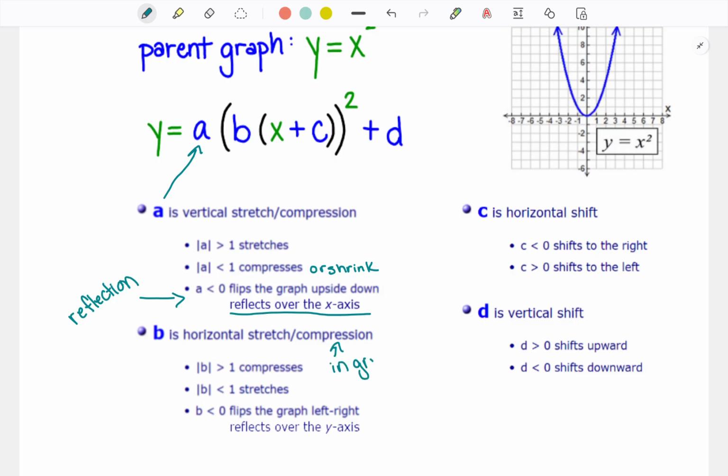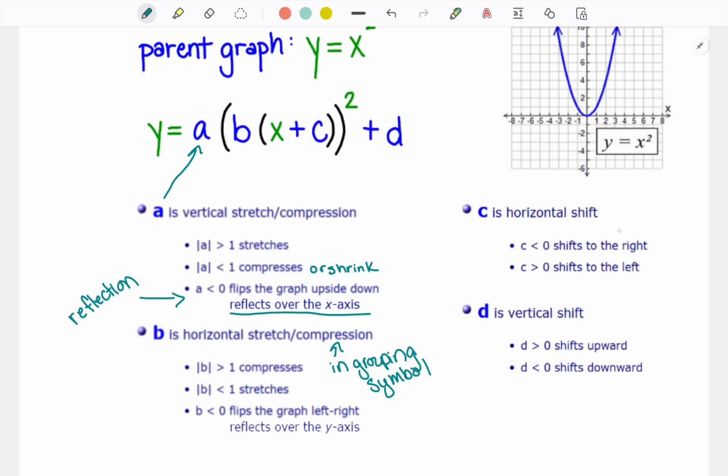Remember that anything horizontal is backwards land, so any value greater than 1 actually compresses the function, and any value less than 1 stretches the function. Now, if your B is less than 0, then it is going to be reflected over the y-axis, but this is the one that you will not see often.